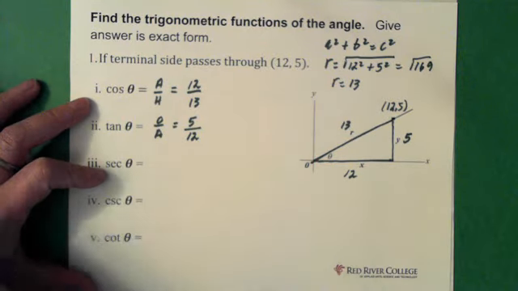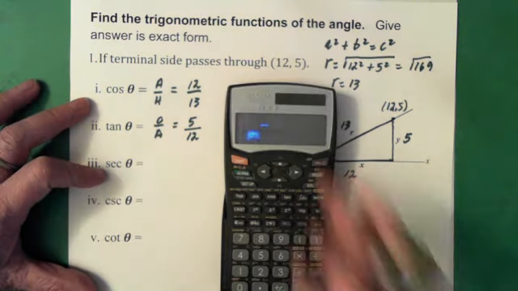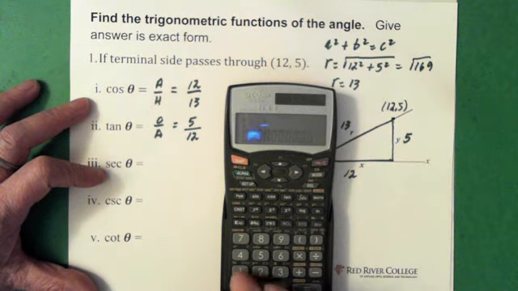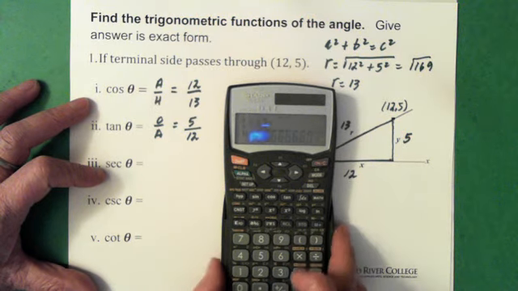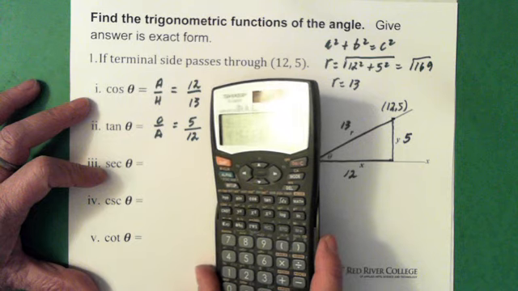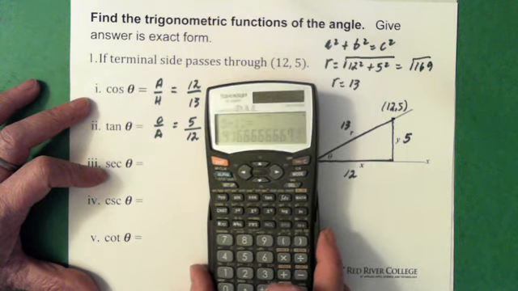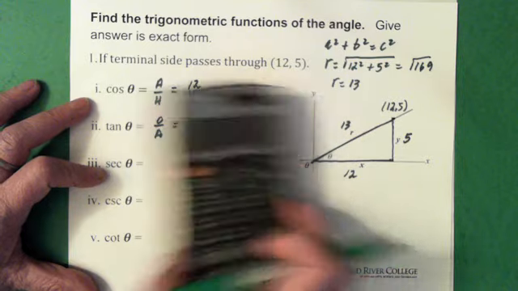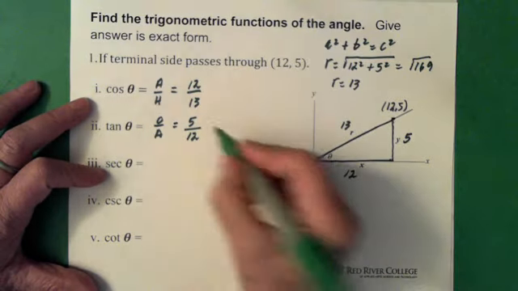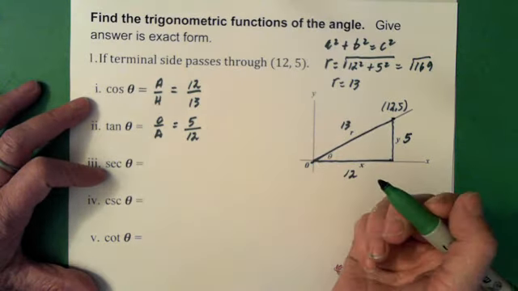Let's talk about what that means. If we take the 5 and divide it by the 12, we end up with 0.41666666, which is not considered exact. So that's why we leave it as a fractional answer.